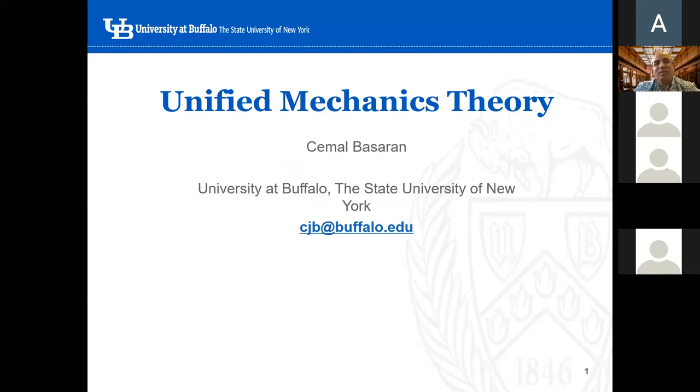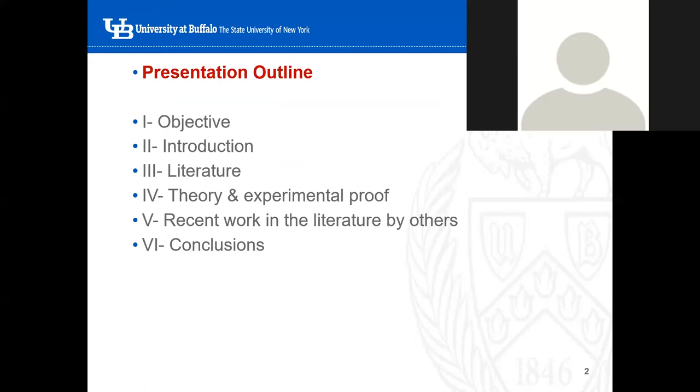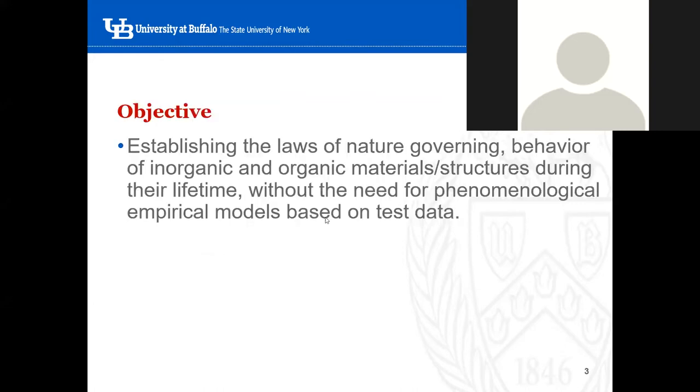So I'll start with the basics of mechanics and explaining the unified mechanics theory basics. And I'll explain the objective, introduction, the literature in mechanics theory, experimental proofs, and recent work in the literature, and then conclusion.